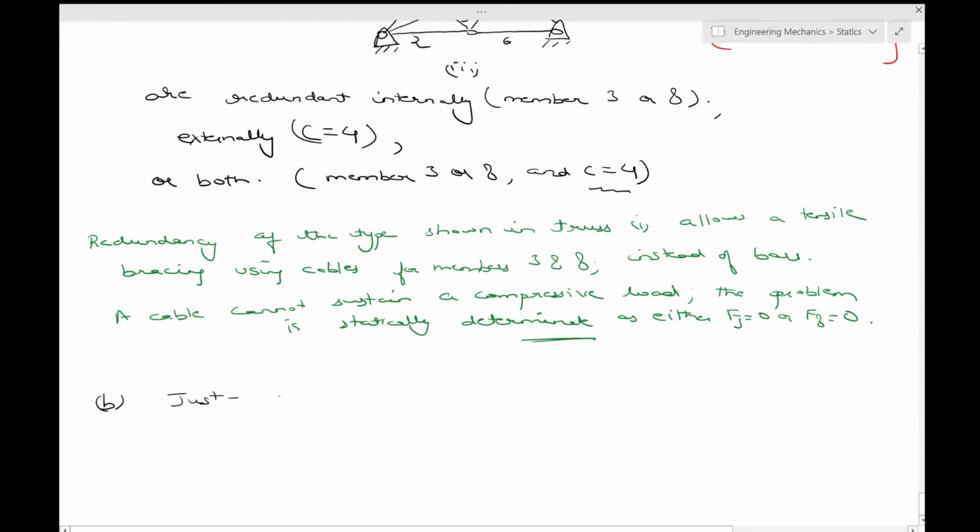Now the second variant in this is the just rigid truss. You have n equal to 0 and b plus c is equal to 3j.